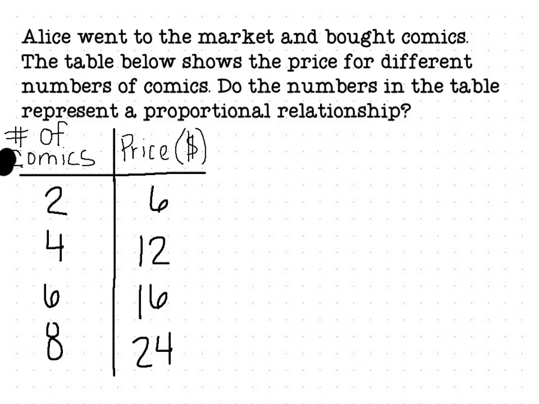In order to determine the answer to our question, do they represent a proportional relationship, we're going to look at each relationship individually. So we're going to start with 2 comics cost $6. I'm going to set up a ratio, and I'm going to do dollars over comics. And I know that $6 buys me 2 comics, and I can simplify this.